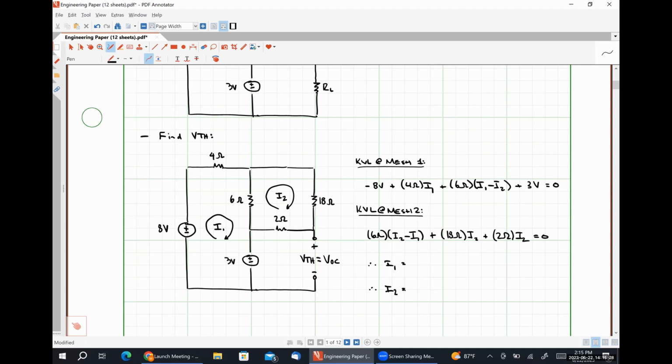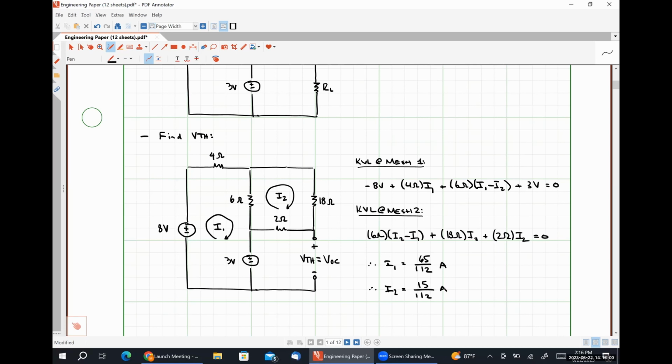In my second equation, I have negative 6 I1, and 6 plus 18 plus 2 is 26. Constant term of 0. And so solving for these currents, I get 65 over 112 and 15 over 112, respectively.